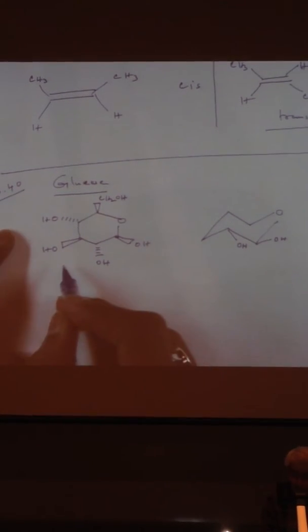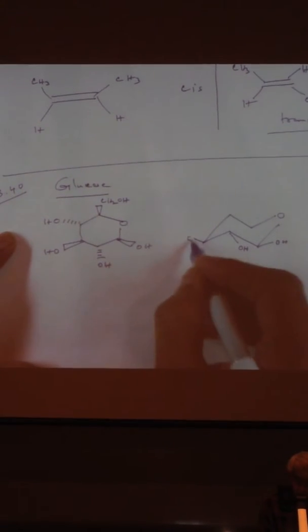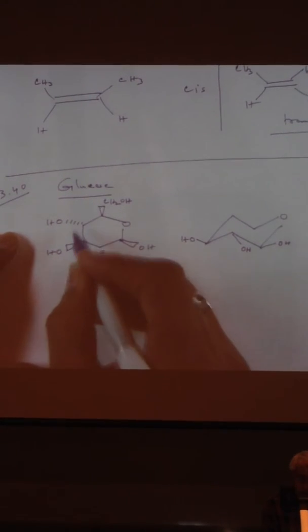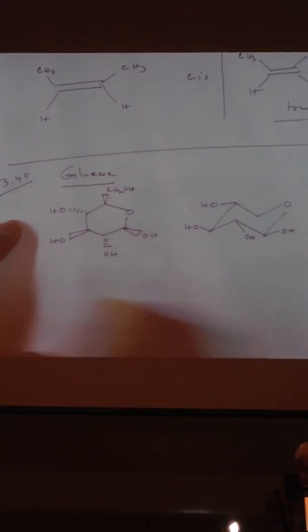Now between this one and this one, again, it's a relationship of trans. So again, this would be equatorial. This one and this one would also be trans, and therefore equatorial. Between this one and this one also is trans, so that's going to be equatorial. And that is the only one that's CH2OH, all others are OH.